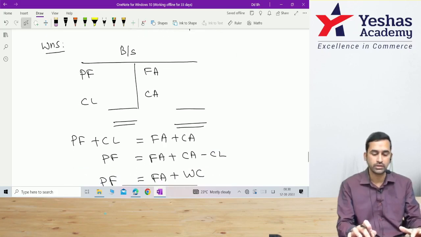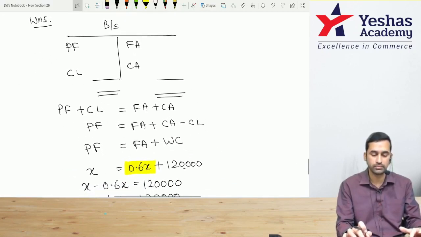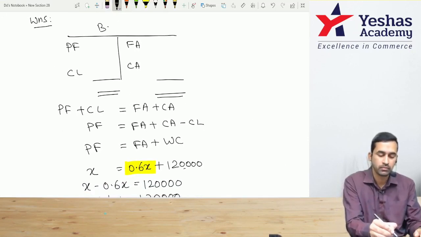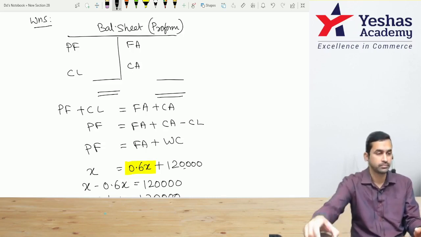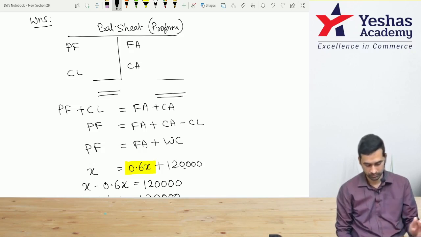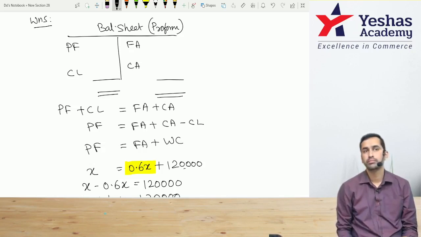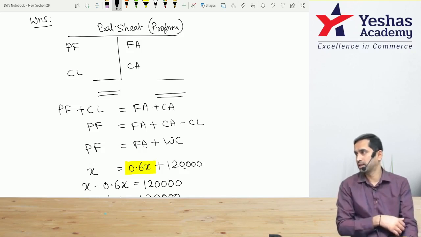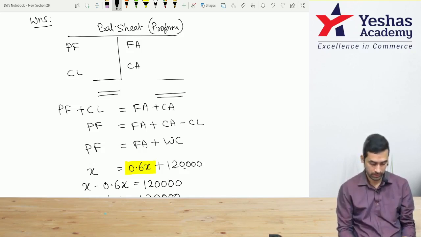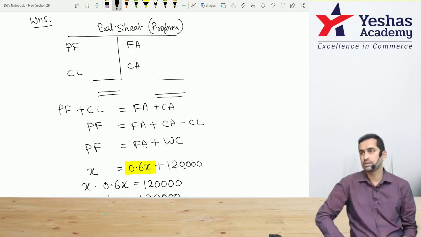First copy this entire working note. Write this as balance sheet pro forma: proprietor fund plus current liability is equal to fixed asset plus current asset.